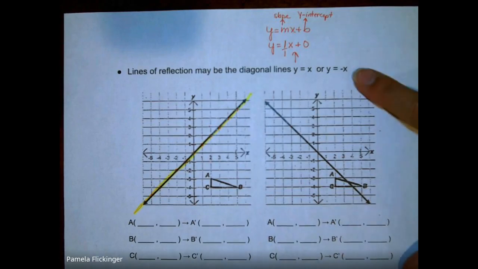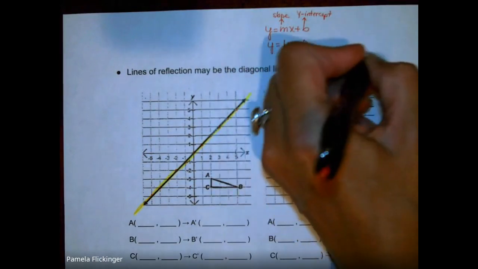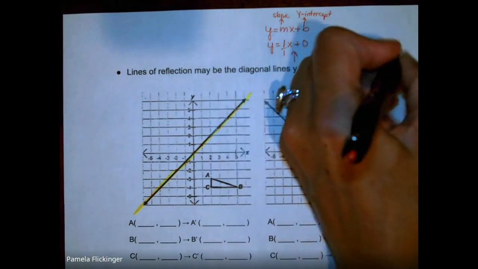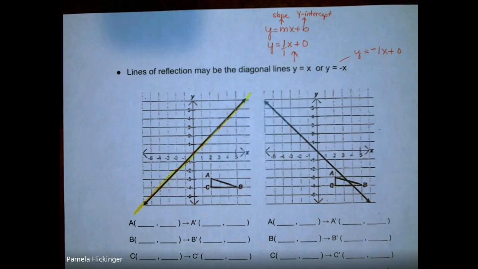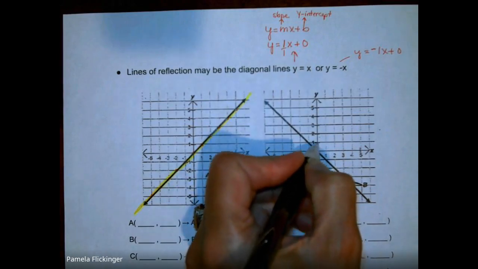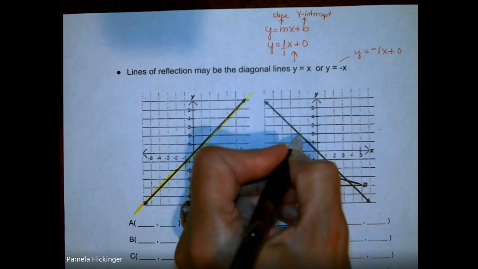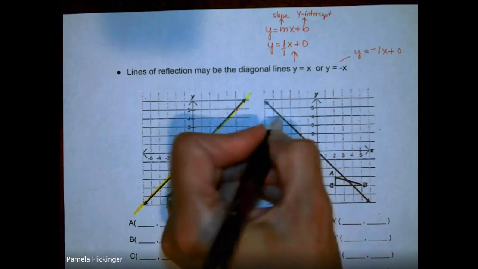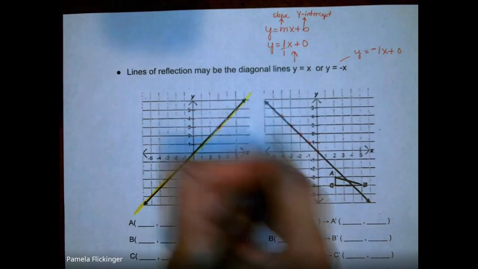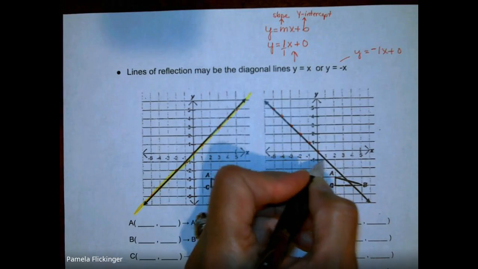Y equals negative x. This just has a slope of -1, but again, a y-intercept of 0. So we're here at 0, so we're going to go up 1, back 1, up 1, back 1, up 1, back 1, and so on. And then on this side, we would come down, then to the right.